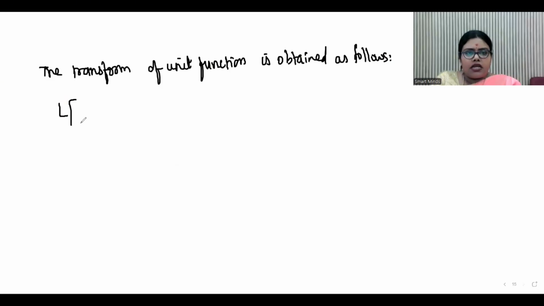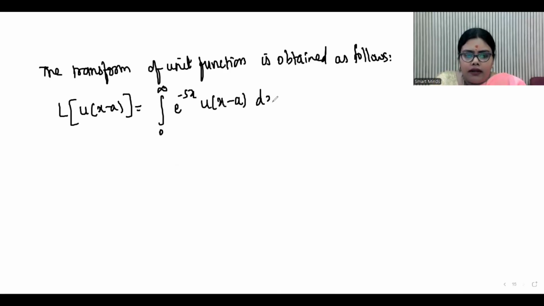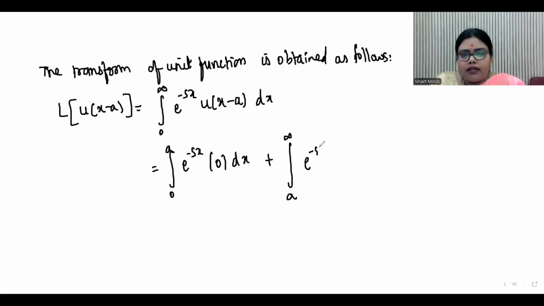So Laplace transform of u of x minus a is equal to integral 0 to infinity e power minus sx u of x minus a dx. That is equal to integral 0 to a e power minus sx into 0 dx plus integral a to infinity e power minus sx into 1.